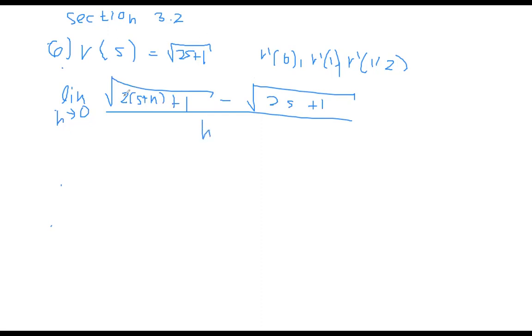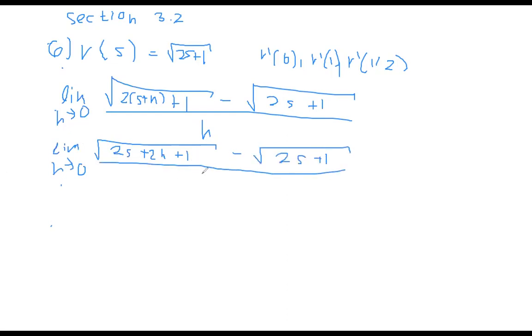Then from here, you just distribute and simplify the top a little bit. So it's the limit as h approaches 0 of root 2s plus 2h plus 1 minus root 2s plus 1, all over h.